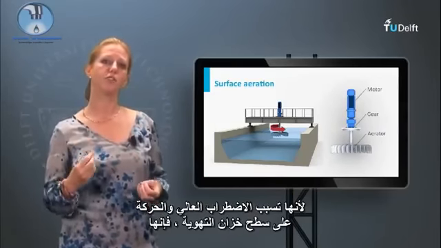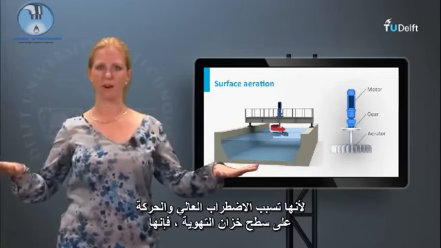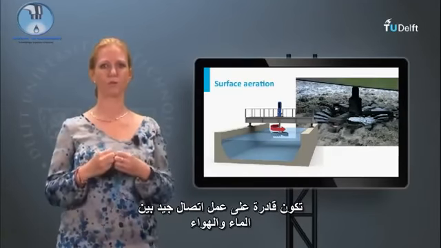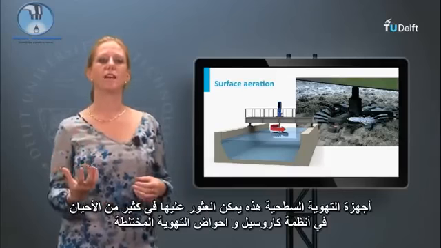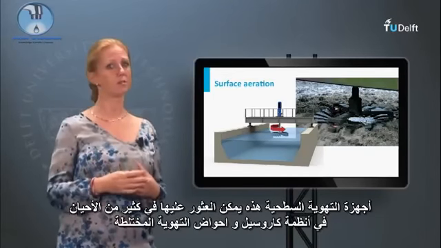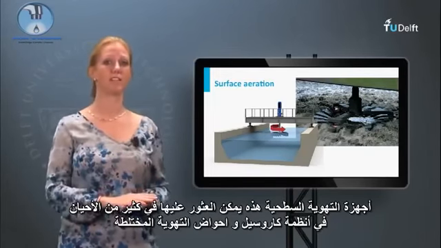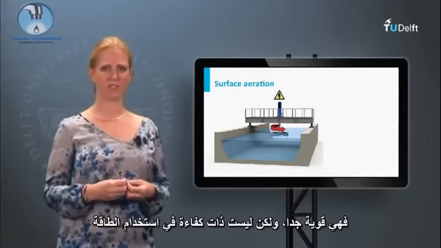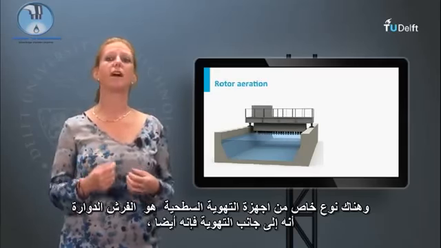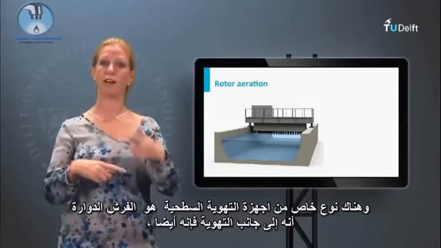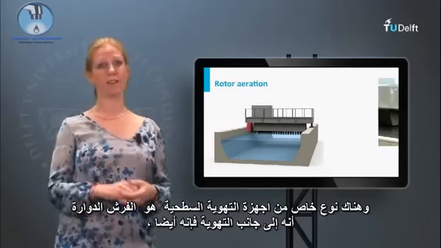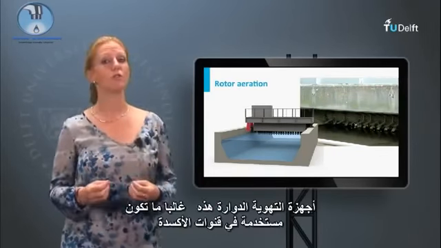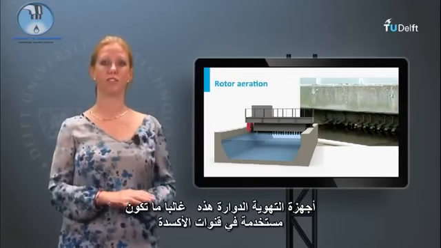Because they cause high turbulence and motion at the surface of the aeration tank, they are able to generate good contact between water and air. These surface aerators can often be found in carousel systems and mixed aeration tanks. They are very robust, but not that energy efficient. A special kind of surface aerator is the rotor aerator, that besides aeration also takes care of the motion of the water. These rotor aerators are often used in oxidation ditches.